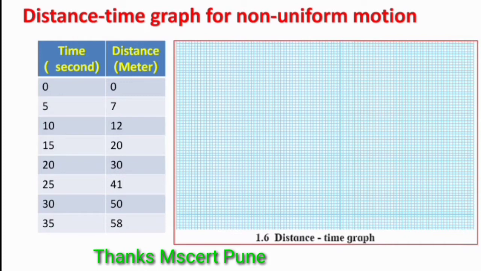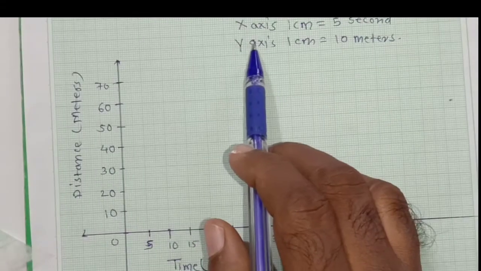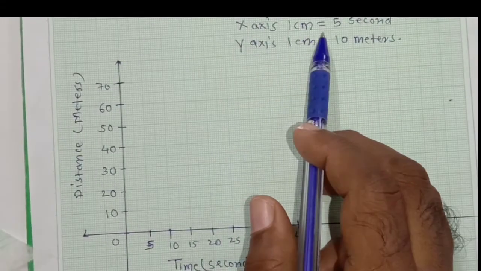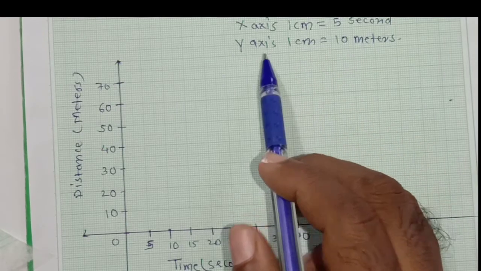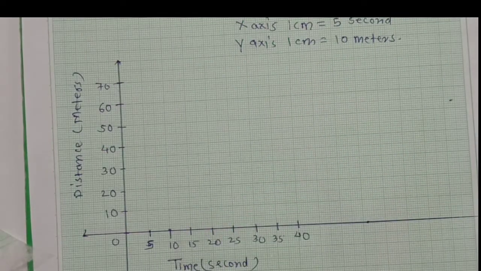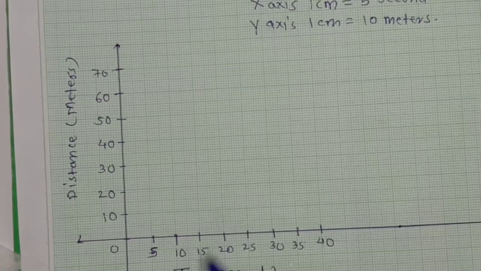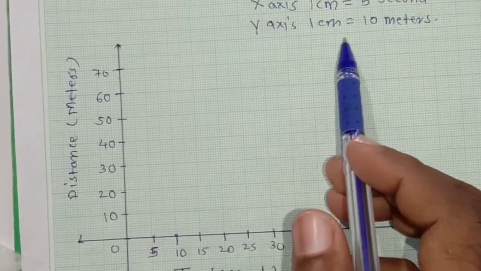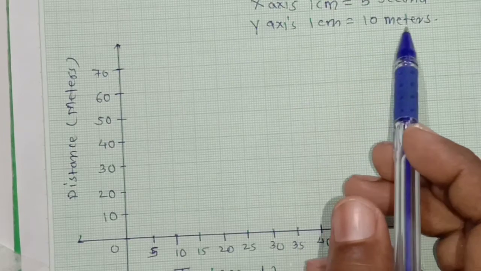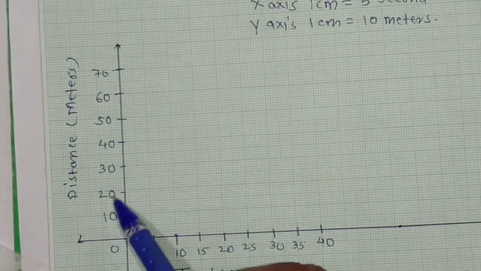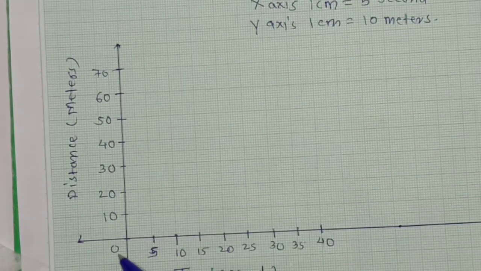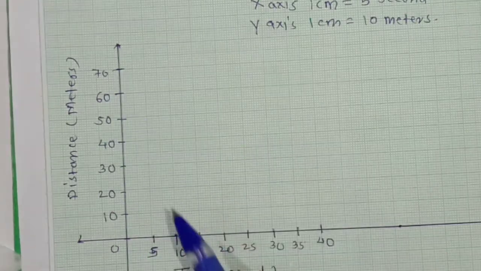To find out the answer to this question, let's plot the graph. On x-axis, 1 centimeter is equal to 5 seconds. Here is the x-axis. Time is taken on x-axis from 0 to 40 seconds. On y-axis, 1 centimeter is equal to 10 meters. Distance is taken on this y-axis from 0 meter to 70 meter.